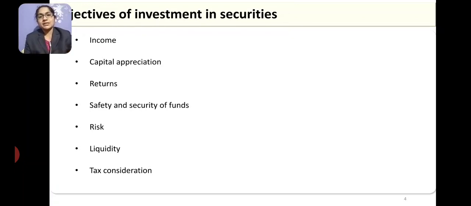There may be some exemptions and deductions available under Section 80C, 80D. So all those benefits you can get if you are investing in those particular investment avenues. In order to avail those tax benefits also, people may invest. So these are some of the objectives of making investment in securities.